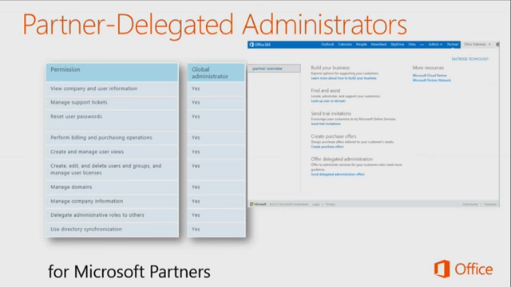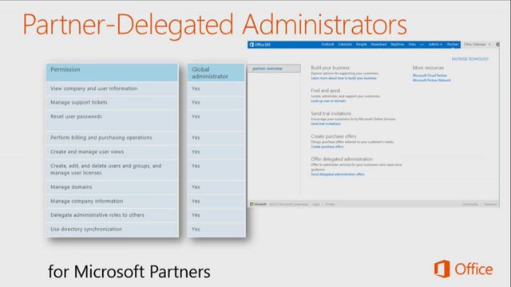Partner delegated administration. So this is huge. This is how we help all of our clients with Office 365. So what can we do? Once a customer has delegated us to have access to their tenant, from our login we can update their tenant. We can go in, change usernames, change passwords. We can perform billing and purchasing operations.